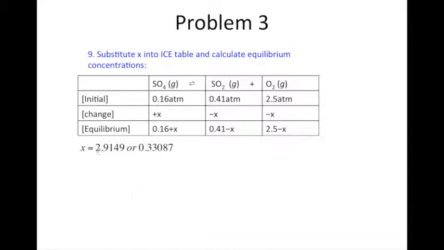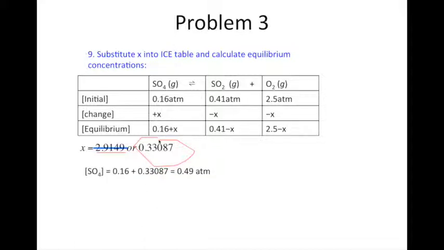If we plug this first value into our ICE table, over here you can see if we subtract 2.9 from 0.14, we get a negative concentration. So we know that first one can't be correct. You can't have negative concentrations. So our x value that we need is this 0.33087.